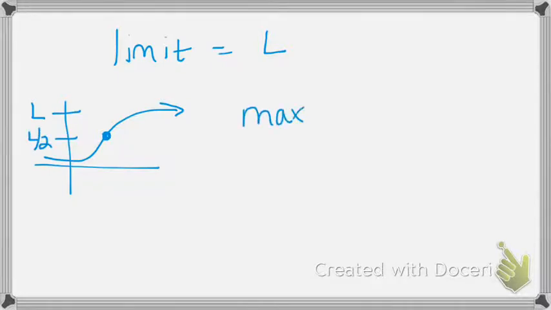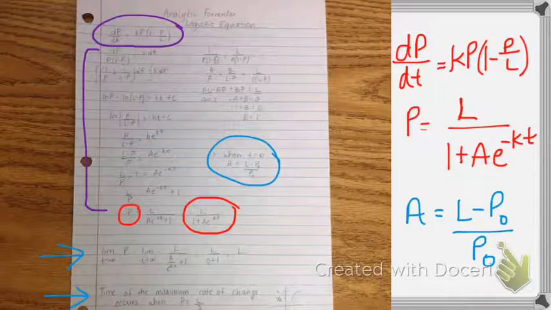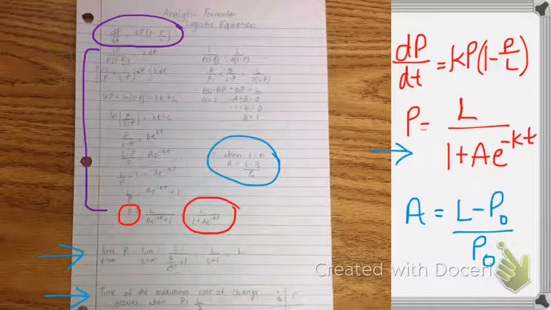So we call that the maximum peak, and that equals L over 2. If I wanted to find the time when it reached the maximum peak, I would be looking for t, and you would use this red equation here, plug in everything that you know, and then solve for t.